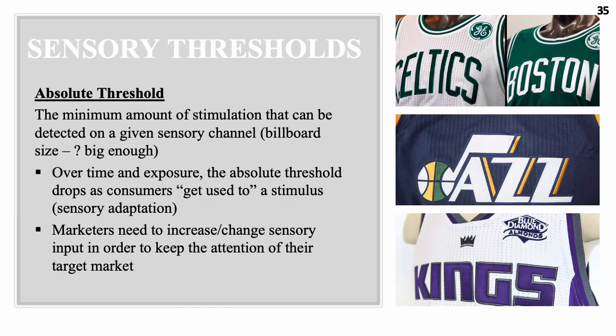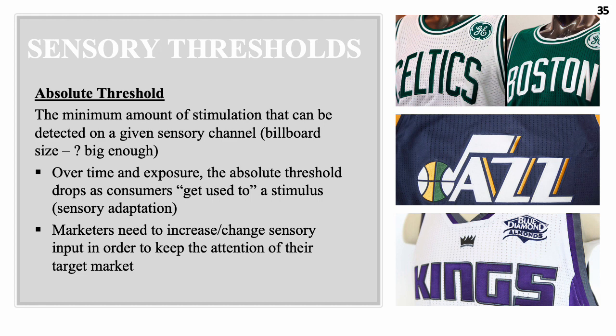So I'll give you an example of absolute threshold. A few years ago, the NBA decided to allow a change in jerseys. Do you know off the top of your head what the change was?